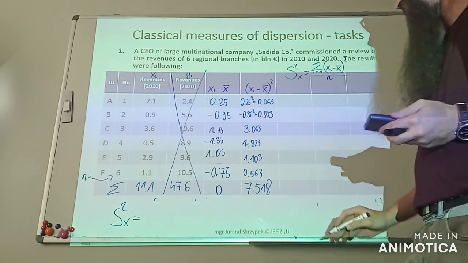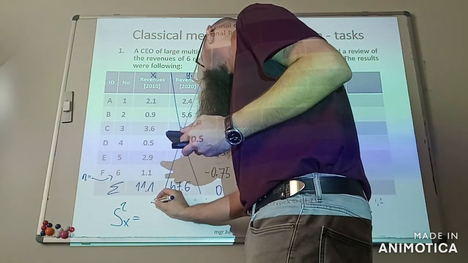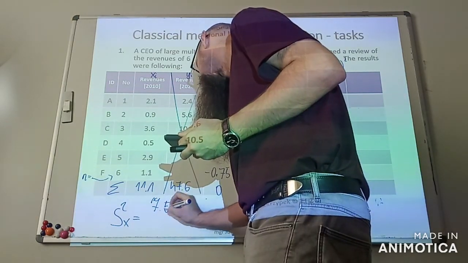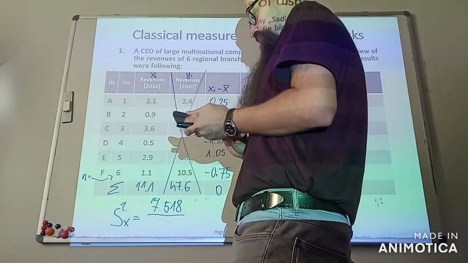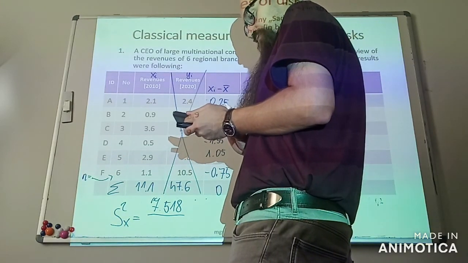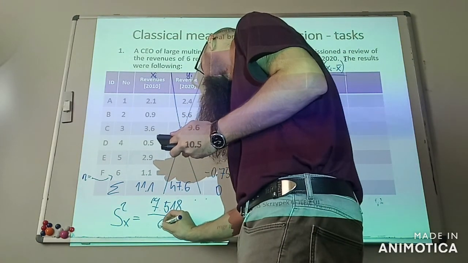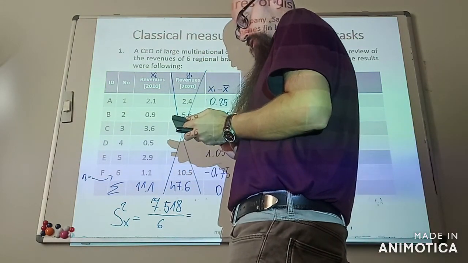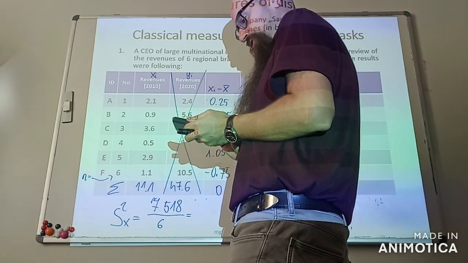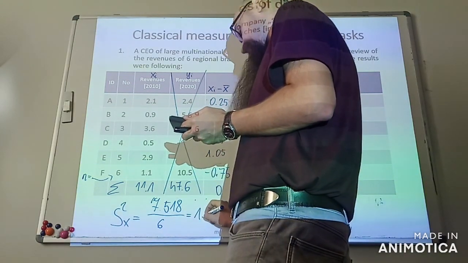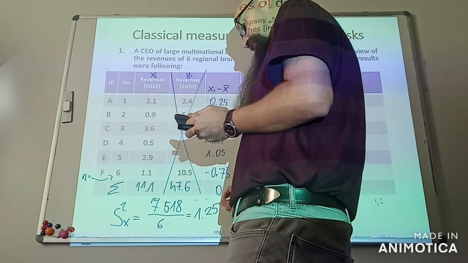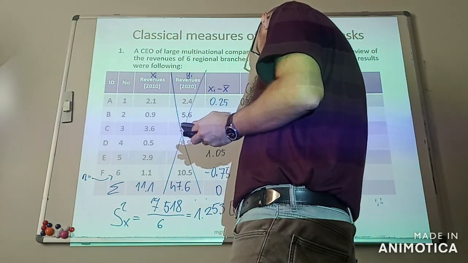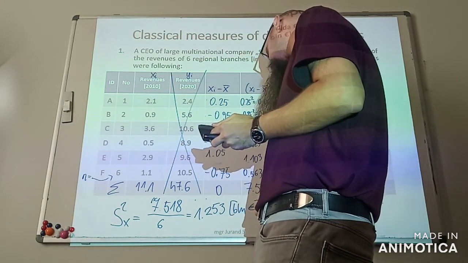The sum of squared deviations is 7.518, and we divide this sum by 6, and we have here the value of 1.253 billion euros squared.